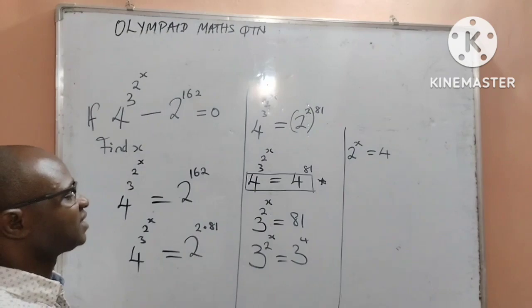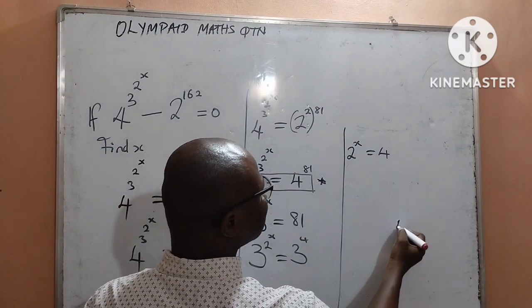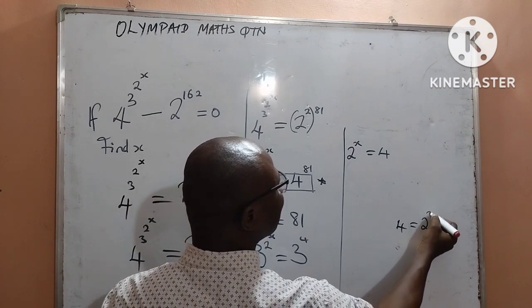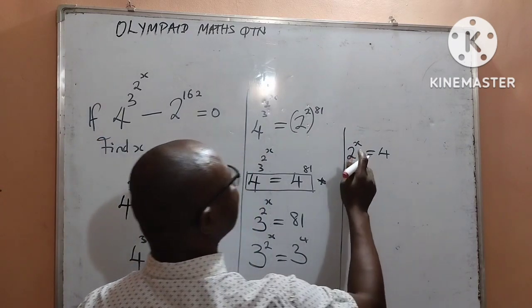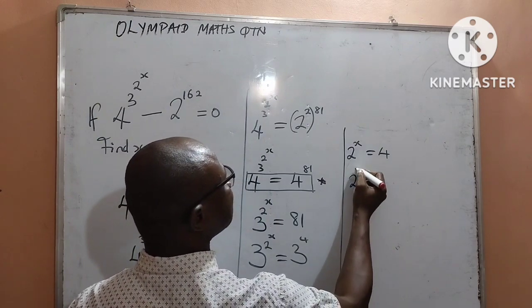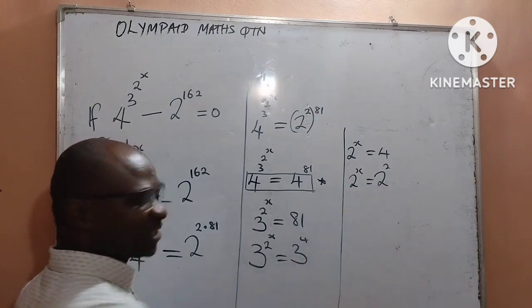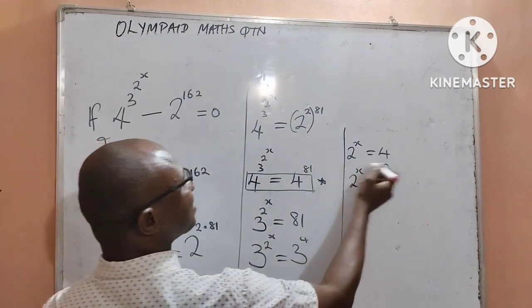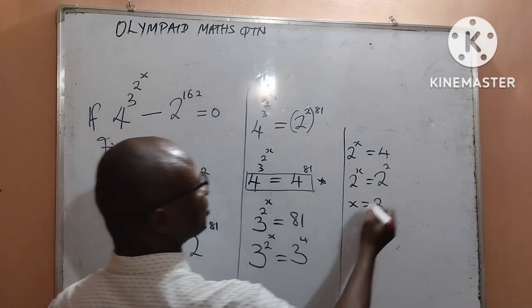The laws of indices playing out. Looking at what I have now, I can still write my 4 as 2 to the power of 2. This means that I shall write 2 to the power of x equal to 2 to the power of 2. The bases are still equal, therefore the powers should also be equal. There we say that x is equal to 2.